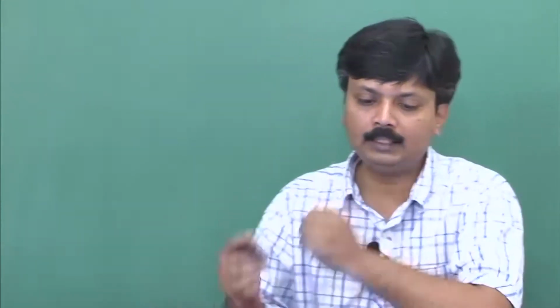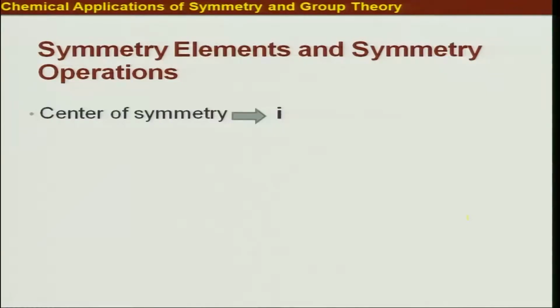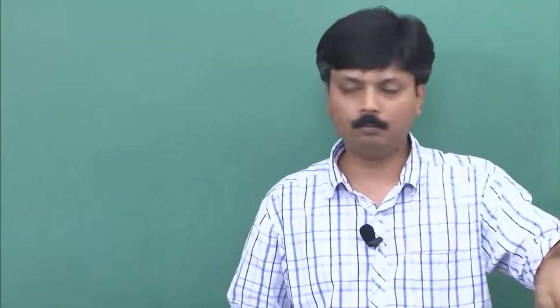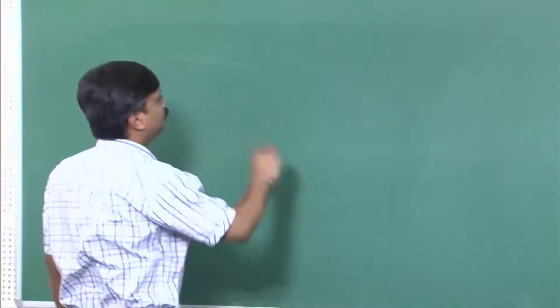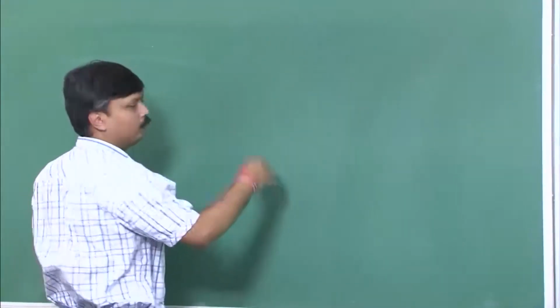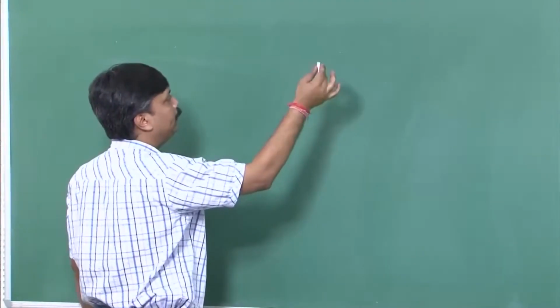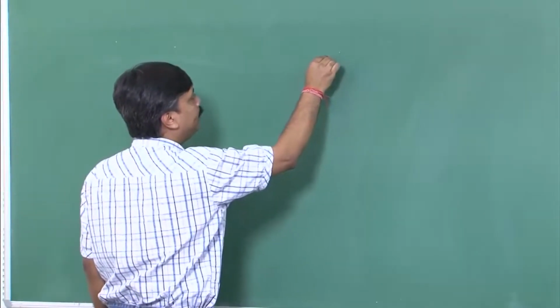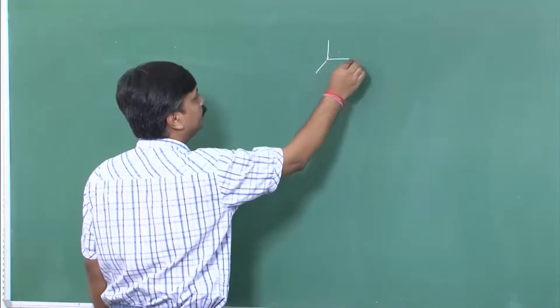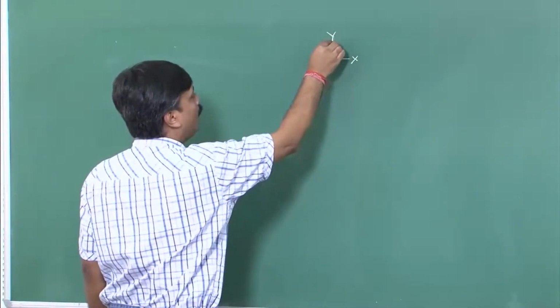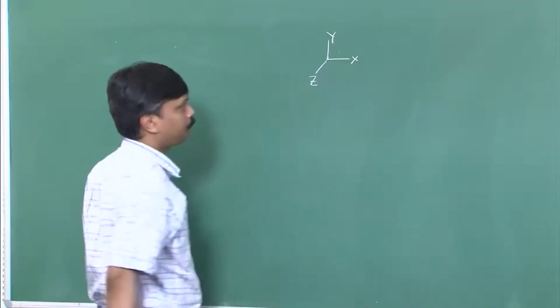Let me try to explain this in a better way. Suppose I use a board here. Suppose this is my space, which characterizes any particular molecule. Now I take any particular point whose coordinates are x, y, and z.